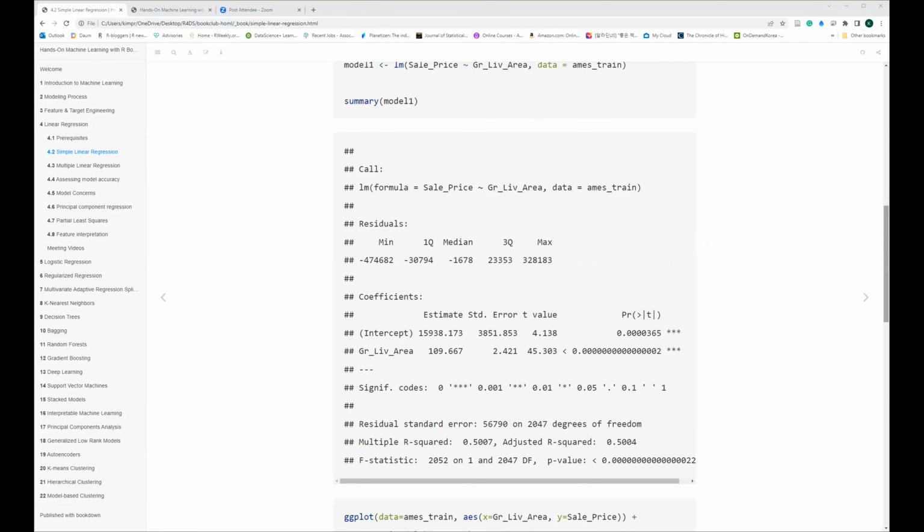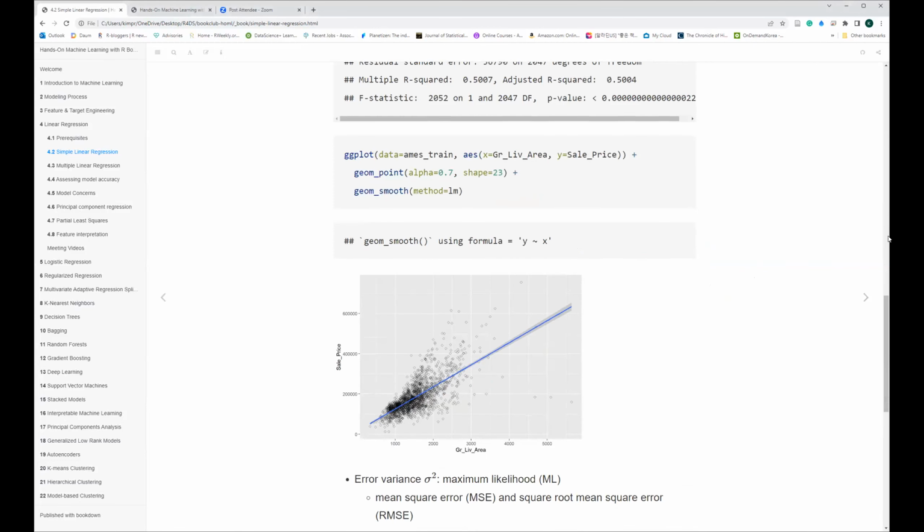And then when we're looking at the geoplot like this, we will see these linear relationships. So that blue line is the best fitting line, right? Best fitting line with a small error term, like 56790, like a minimum error term, right?